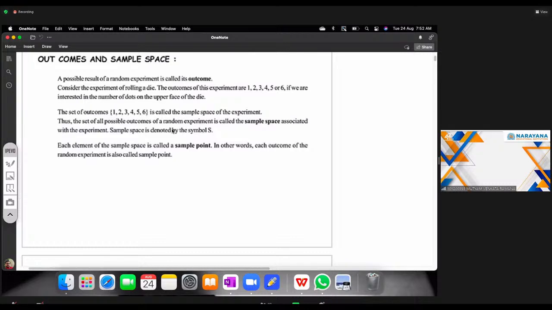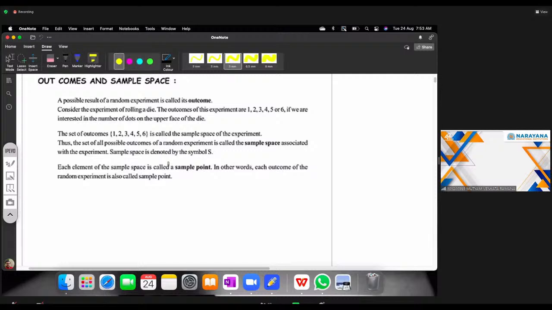Now, what are the outcome and sample space? A possible result of a random experiment is called the outcome. So when you are throwing a dice, the possible outcomes are 1, 2, 3, 4, 5, 6. Each result is an outcome. And the set of all possible outcomes is called the sample space.